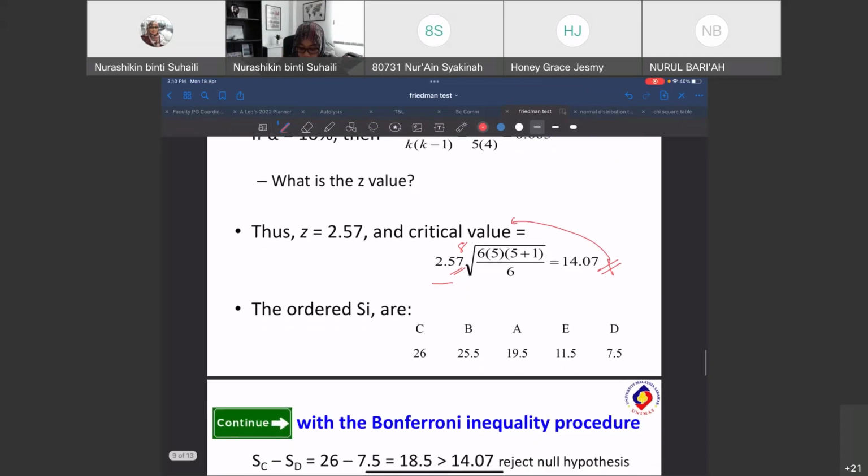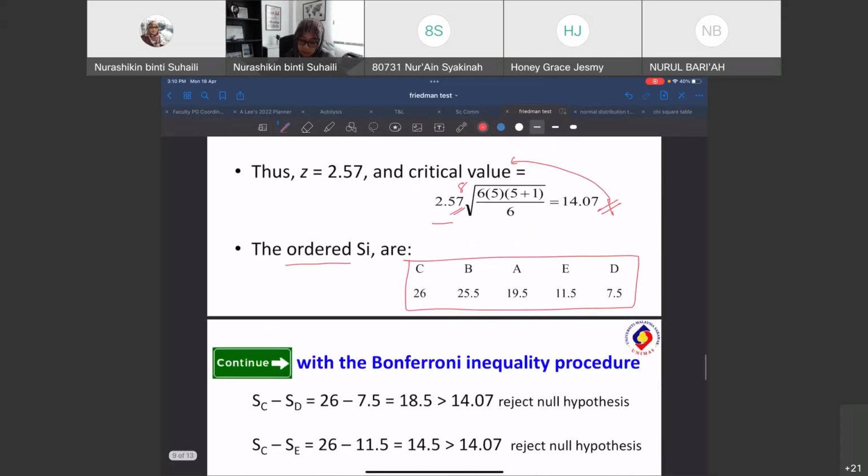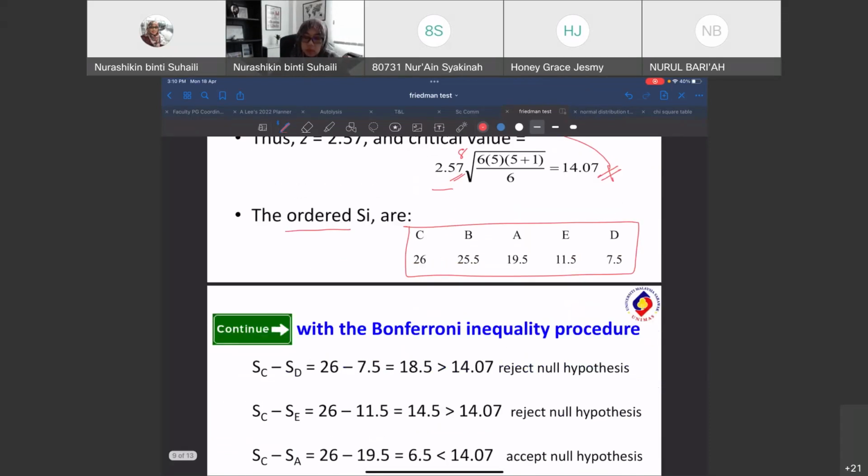If let's say you don't order it, also can, you just list it down. So that whenever you find the difference, because we need to match every pair, and we need to match every sample to make a pair. So for example, SAB, SAC, SAD, SAE, isn't it? So that's the possible pairs.